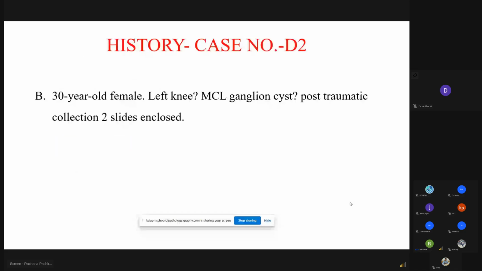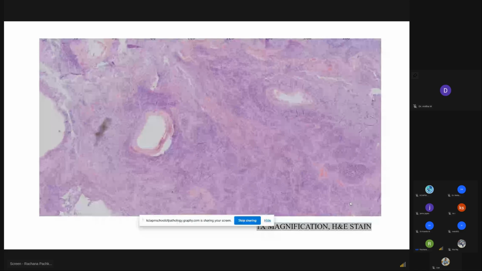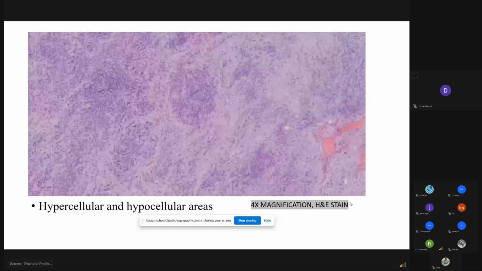Case number D2B, 30-year-old female with left knee, query MCL ganglion cyst, query post-traumatic collection. Two slides are enclosed. In this section, we can see muscle fibers and fibroadipose tissue with a well circumscribed lesion. Here we can see the lobular arrangement of the cells separated by fibrous septae, and cystic change. We can see hypercellular and hypocellular areas.